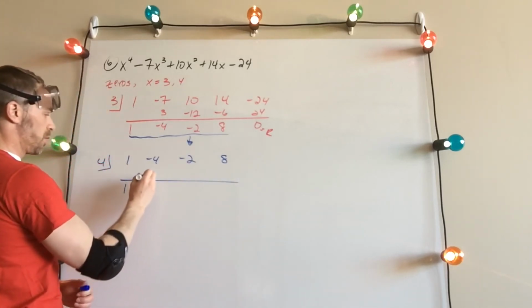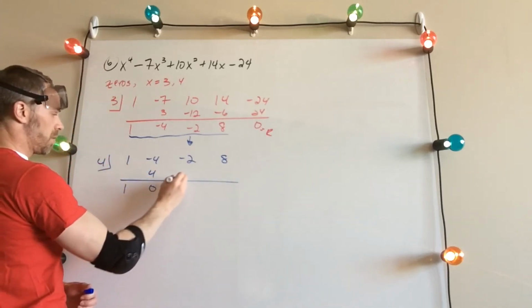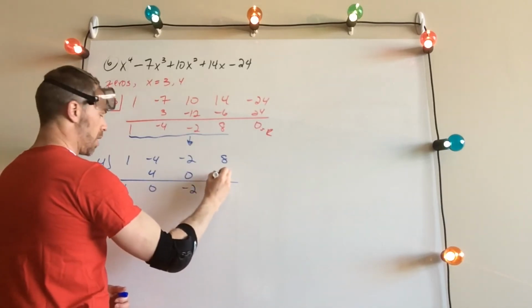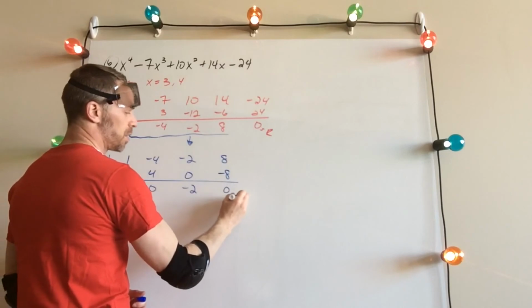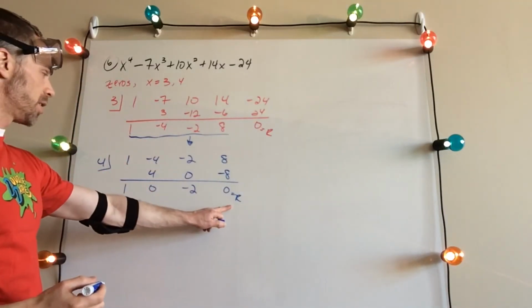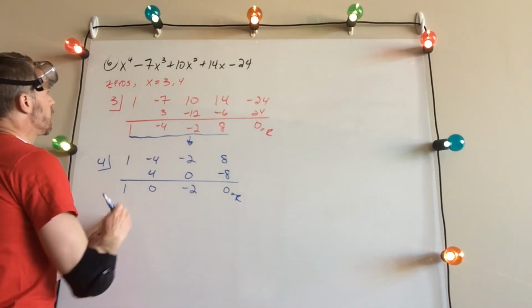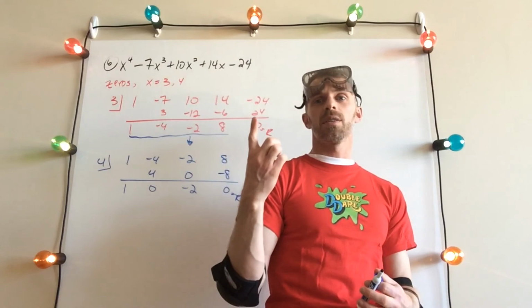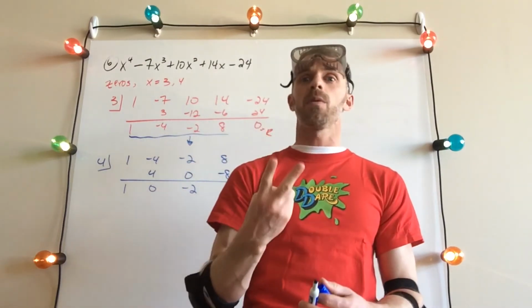Bring the 1 down, multiply by the 0, 0, times 4 is 0, negative 2, negative 8, and 0. So again, we read the graph correctly if we ended up with the remainder of 0. So let's see, it was 4th degree originally, and we divided out 2 zeros, so that takes us down to a quadratic.